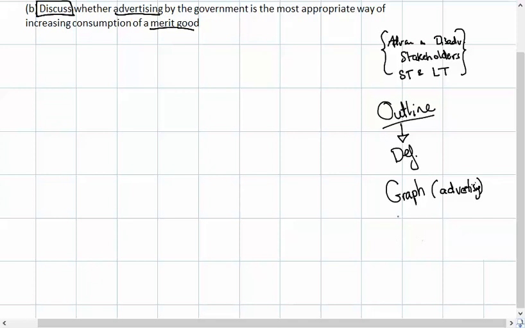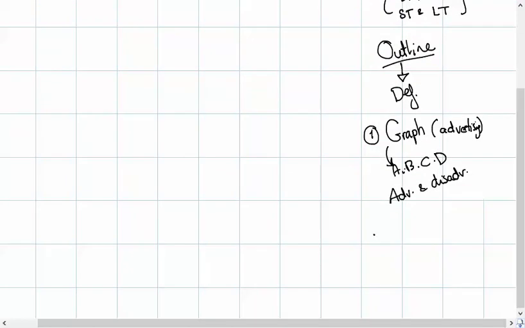So when we draw a graph, we explain the graph in A, B, C, D, and we state the advantages and disadvantages on the different stakeholders and if there is a long-term and short-term effect. So this is our first graph on advertising, and the second graph we're going to do is on subsidies.